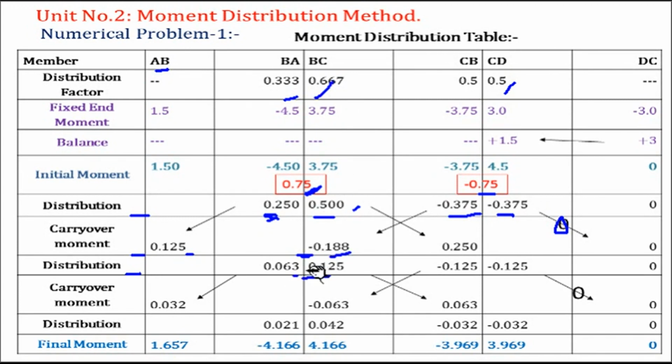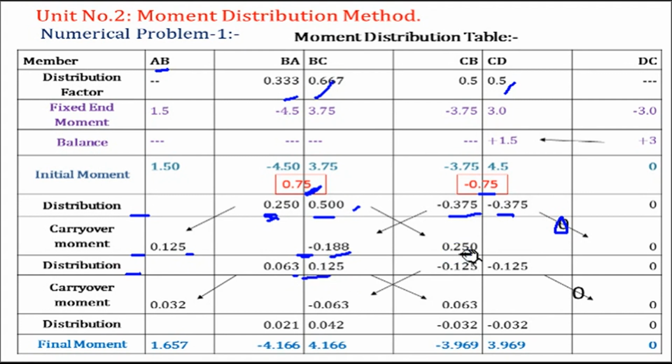Only the sign you have to take opposite to make it balance, because here is minus 0.188. If you take plus 0.188, then it becomes 0. So it maintains the joint equilibrium. So to take care of that, you have to take the opposite sign. If the sign is minus, you have to take positive sign. That care you have to take.